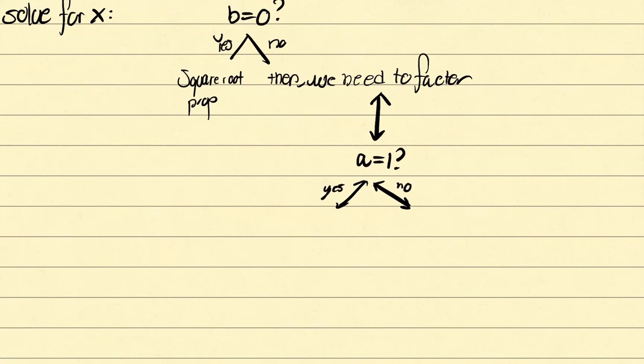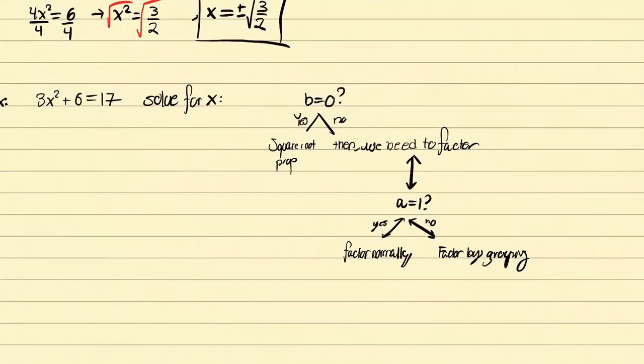So if a is equal to 1, so yes, then we can factor normally. If a is not equal to 1, then factor by grouping. So here is our thought process.